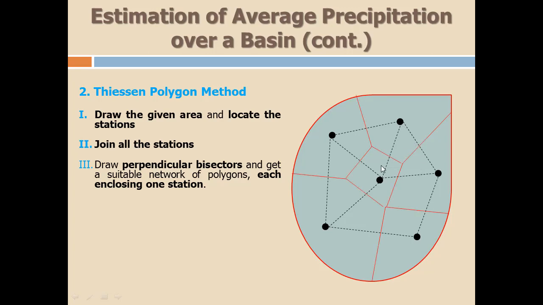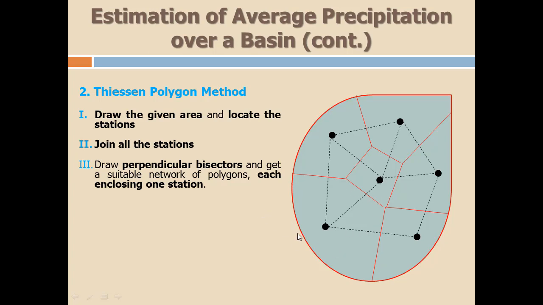In this way, as you can see, the red lines cover each station by a polygon like this. This is one polygon around this station. This is another polygon around this station. This is another polygon around this station. This is another polygon around this station. And also this is a polygon around this station. Here it's a polygon around this station.